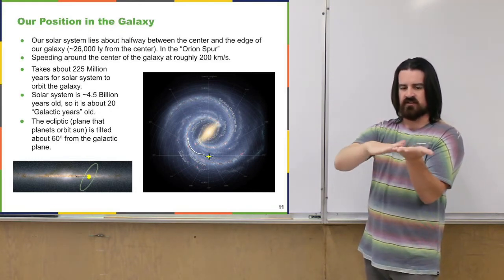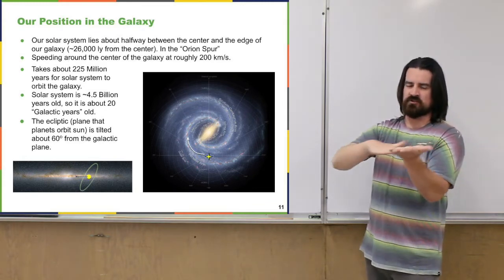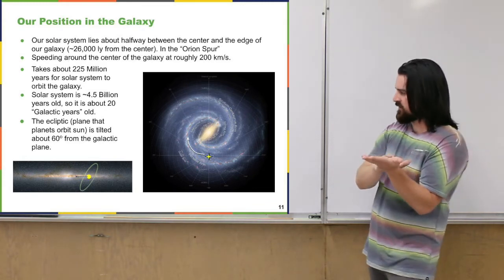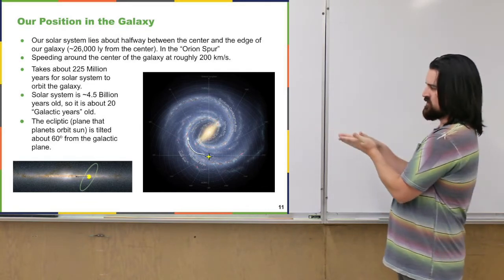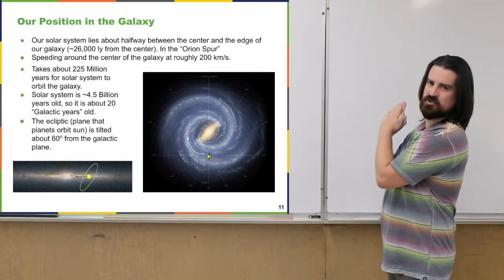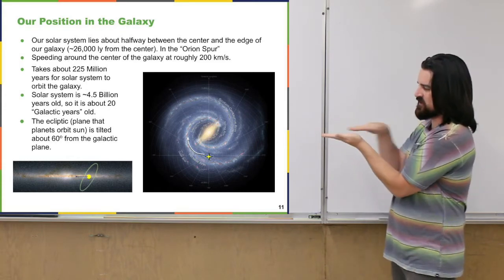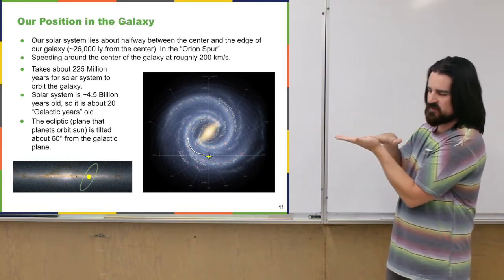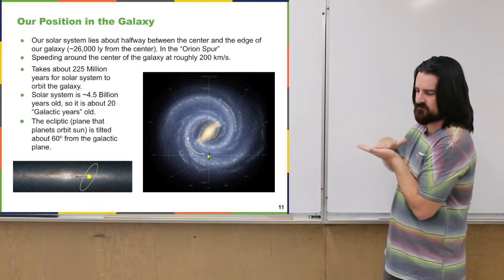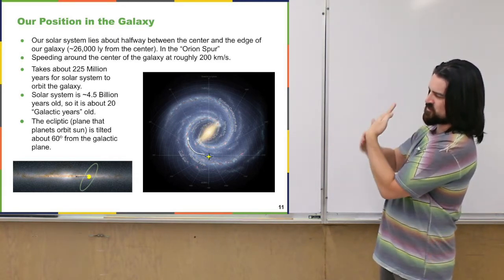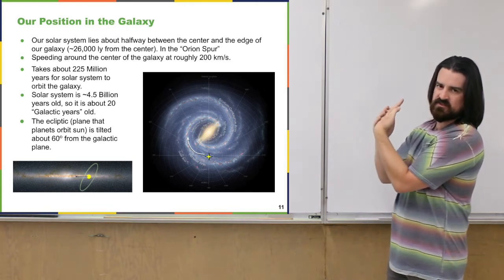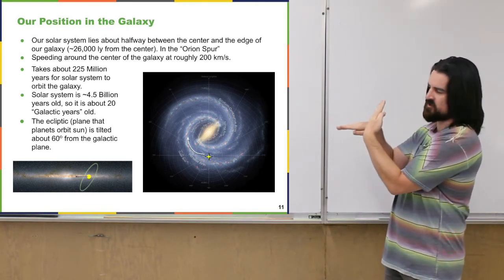So there's that plane, and all the other planets are fairly close to it. It turns out that whole plane is tilted in its motion through the galaxy. So it's not like all the planets are going like this, and then all together we're moving around the galaxy like that. In fact, the whole plane of the solar system is about 60 degrees off the plane of the galaxy.